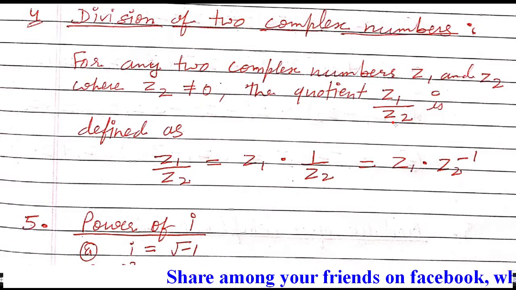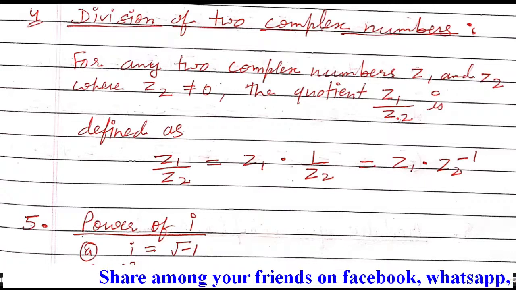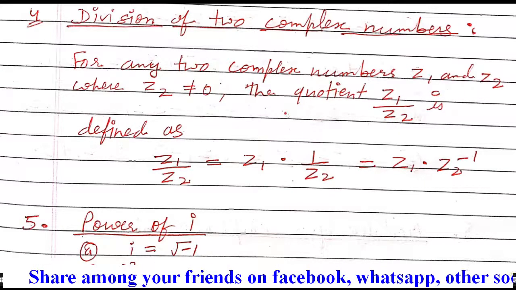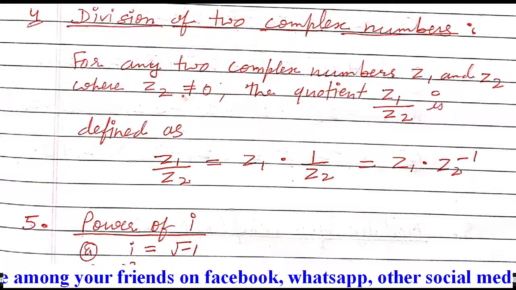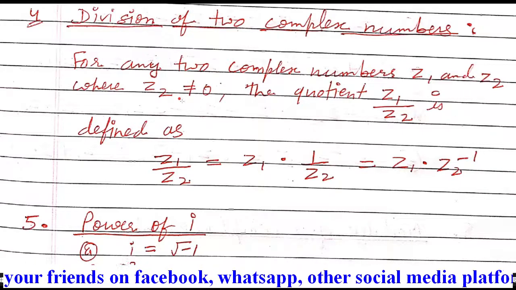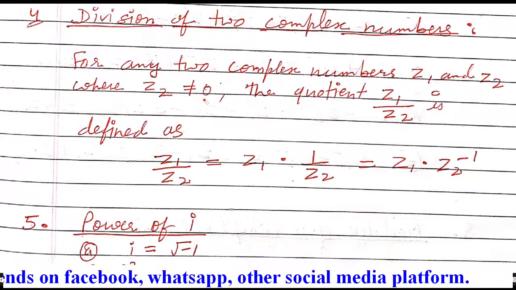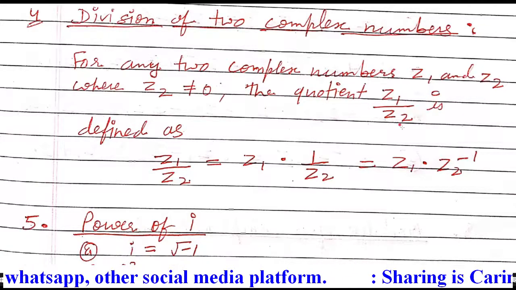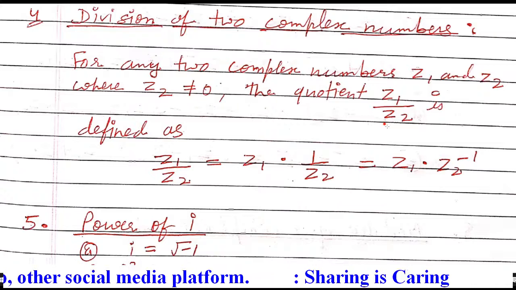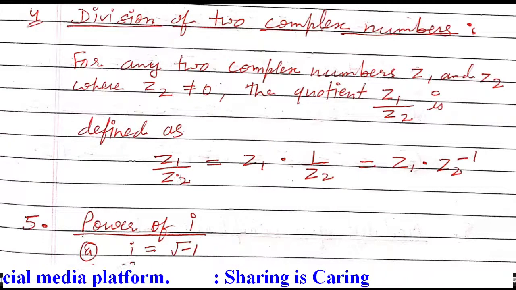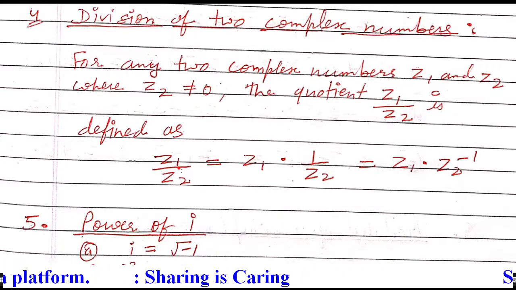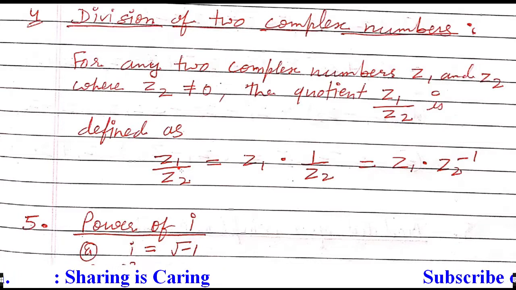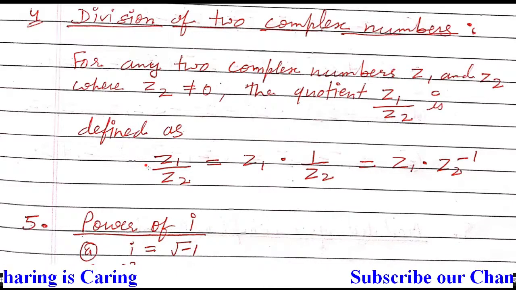So it's a very necessary condition that whatever you take in the denominator, that complex number should not be 0. So just put a simple condition that z2 is not equal to 0. Then the quotient of z1 and z2, how to find it? Quotient means the division of z1 and z2. For that, there is no separate option in complex numbers. Simply what you have to do is separate them as a product.